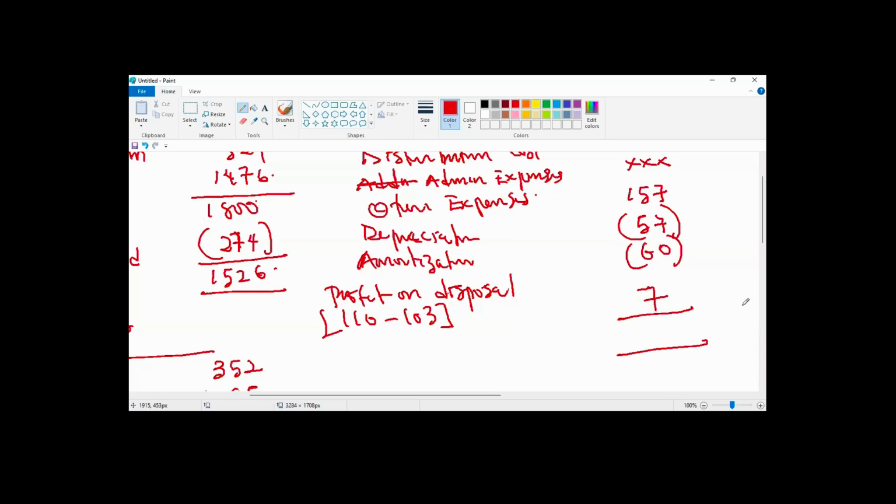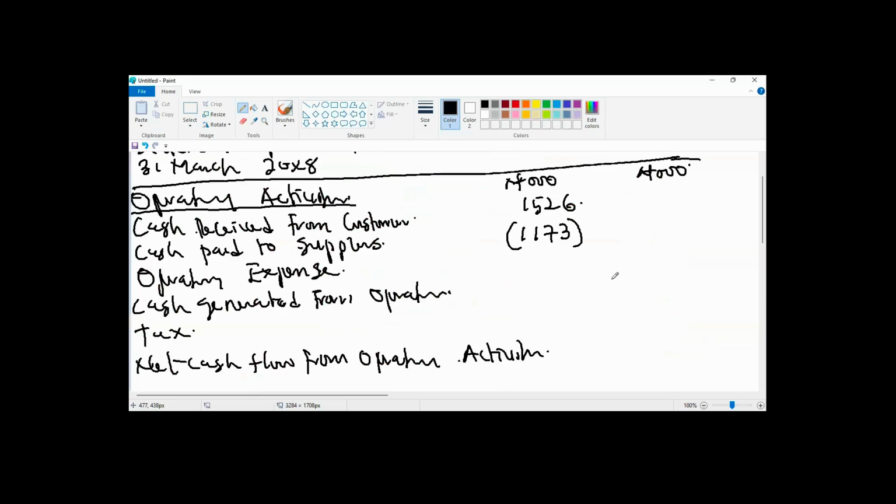This is operating expenses, 47. So I go to the question and jacket it. It's an expense, operating expenses.